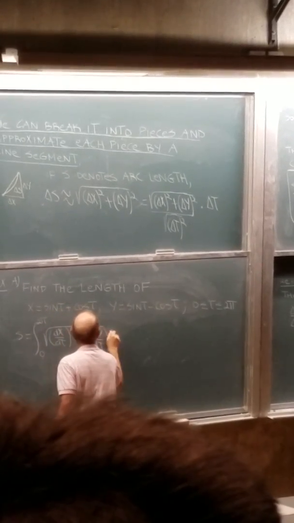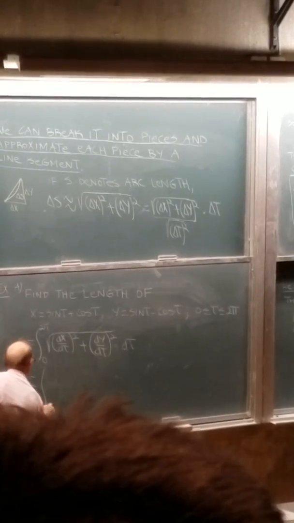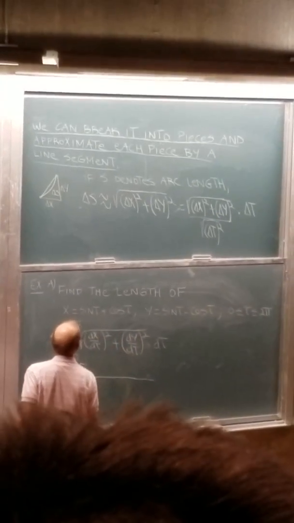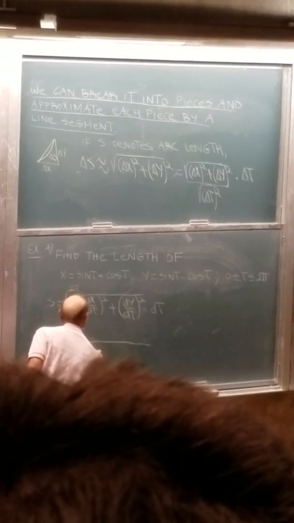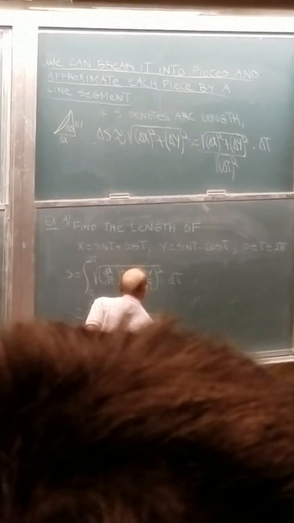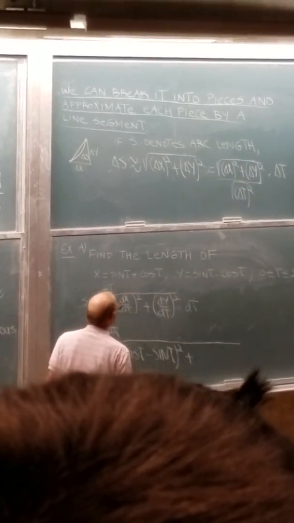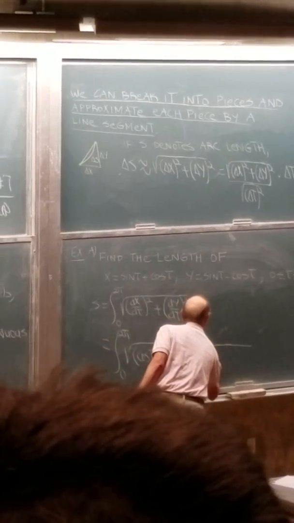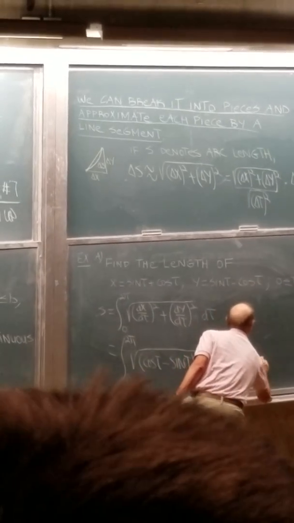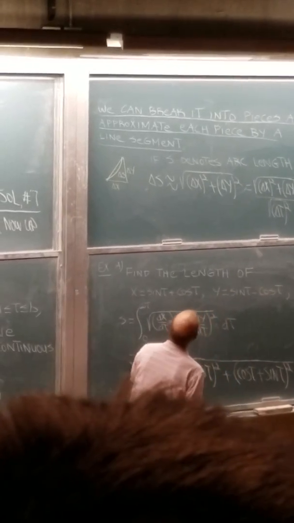If we figure out our derivatives, the derivative of x is cosine t minus sine t, so we get cosine t minus sine t squared. And if we take the derivative of y and square that, we get cosine t plus sine t squared. And then this is all integrated with respect to t.